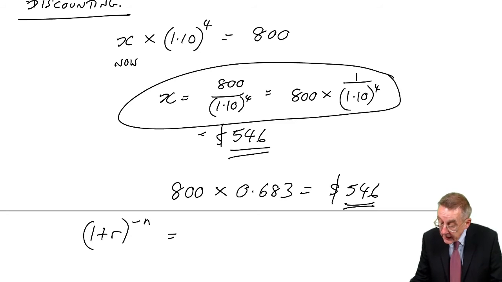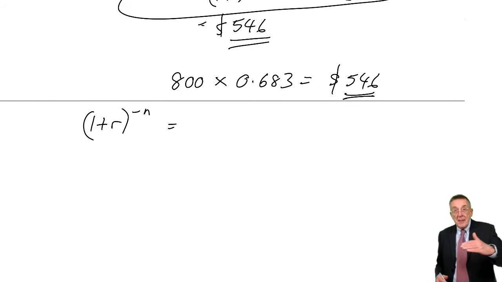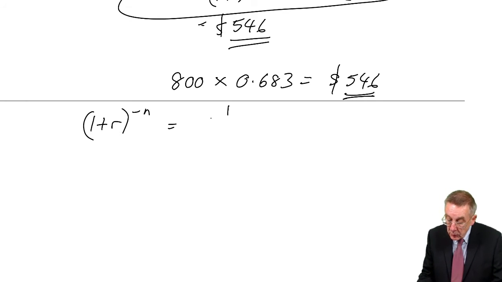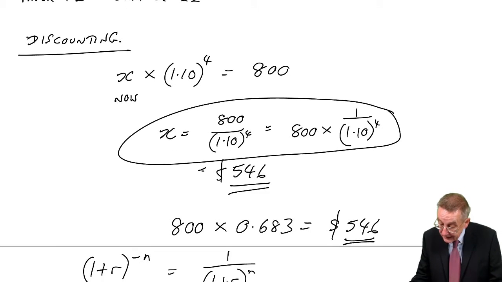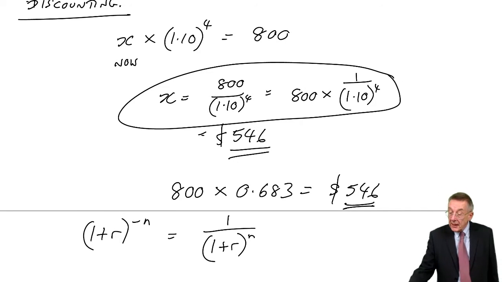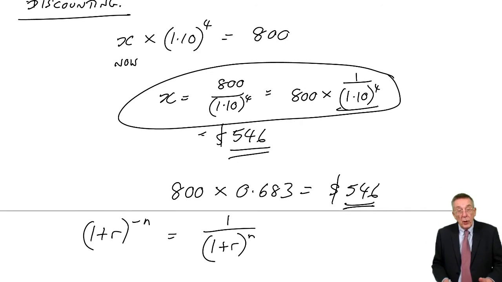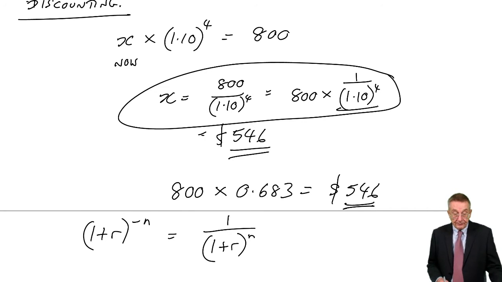Don't be confused. I think you should know from school that putting something to the minus power is the same as 1 over 1 plus r to the power n, which is what we were doing there. We're multiplying by 1 over 1.1, because it was 10%, to the power 4, because it was 4 years.